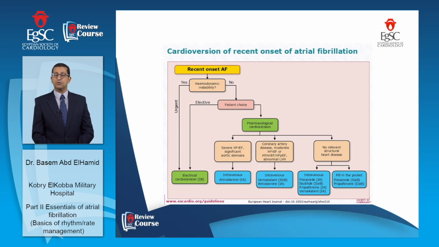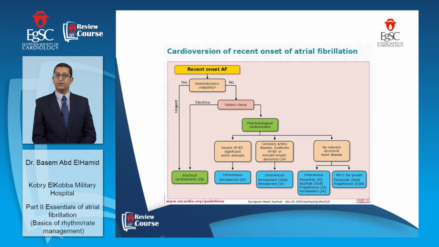In case of pharmacological cardioversion, it depends on whether there is relevant structural heart disease. If there is no relevant structural heart disease, give intravenous flecainide, ibutilide, propafenone, or vernakalant, or pill-in-the-pocket flecainide or propafenone.